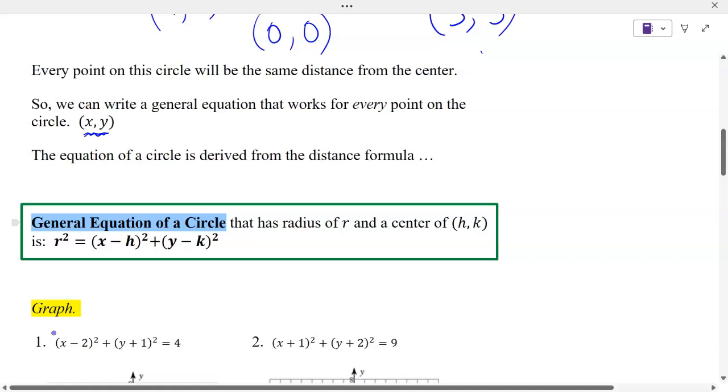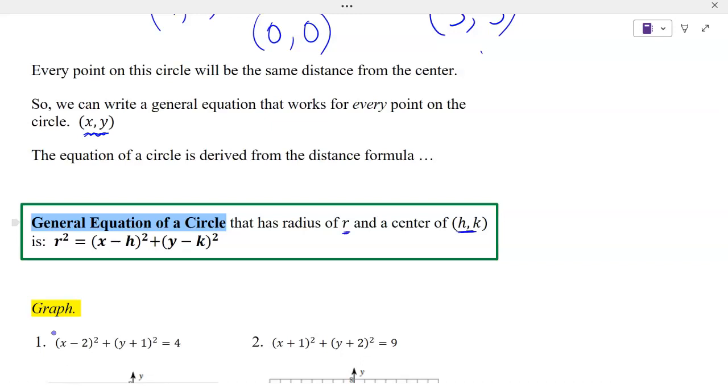And here, again, our center is h comma k, and our radius is r. And so the general equation of a circle is just r squared equals x minus h squared plus y minus k squared. Again, you'll notice when we're finding the center that the x and y coordinates are the opposite sign of what you're given in the equation. So the x and y coordinates are opposite sign from the equation.